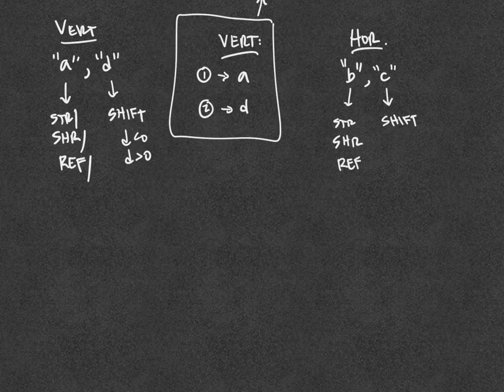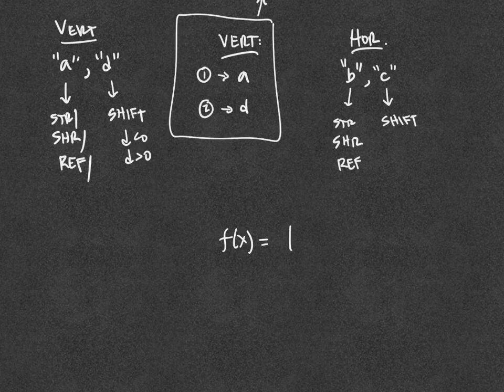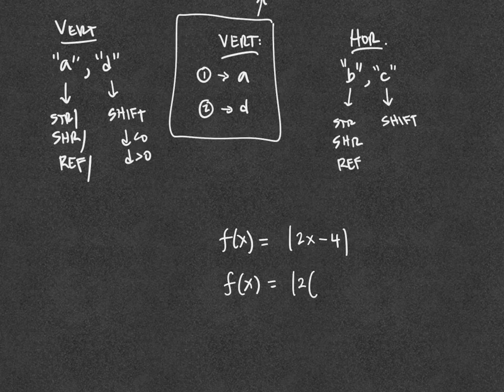So, for example, if f of x is equal to the absolute value of 2x minus 4, that can be written in two different forms. So we could have these two different forms written for the same function. Now the two functions would have different orders in which you'd transform it horizontally.